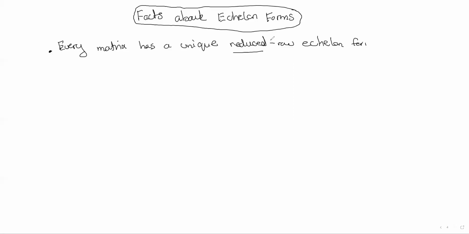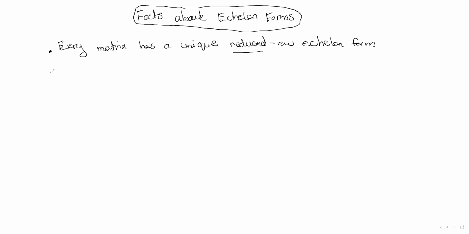You know, reduced, right? So if you've got 2 different matrices and you do the row reduction until you reduce everything, they're going to be different.